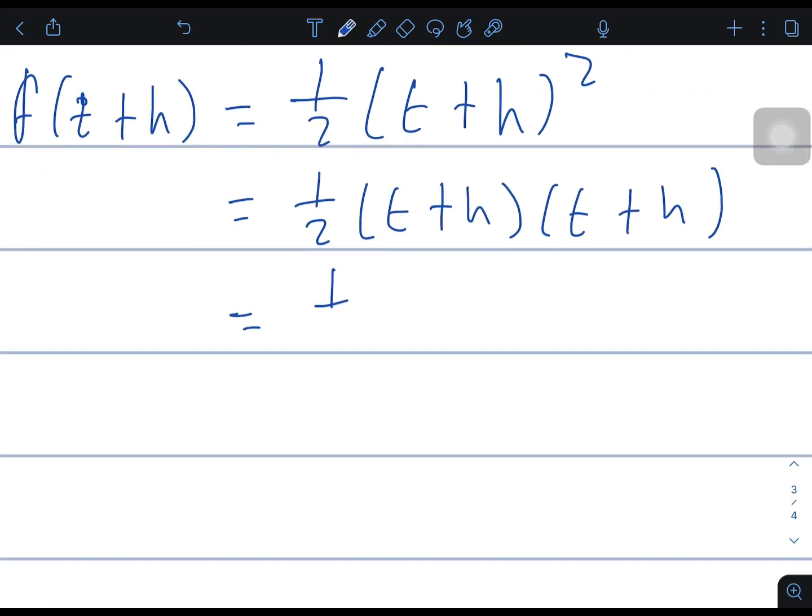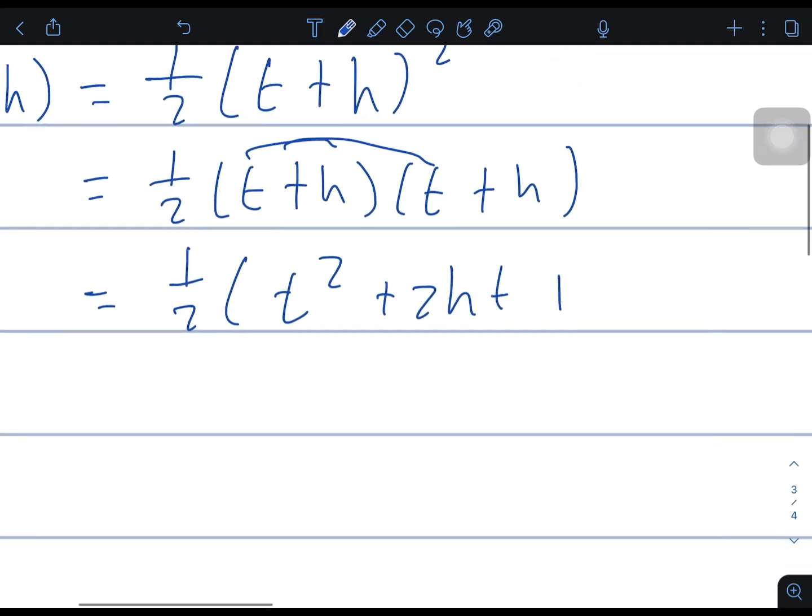So 1 over 2 is a multiplier. So t times t is t squared, then plus 2ht, then plus h squared.